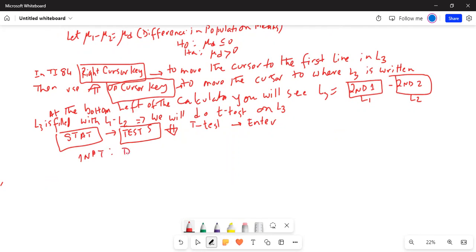So input should now be on data because we will do the test on L3. Input is on data. Bring the cursor on data and hit enter so that it's flashing on data. Mu0 is the hypothesized difference, which is 0, in the two population means, which in the null hypothesis is 0.